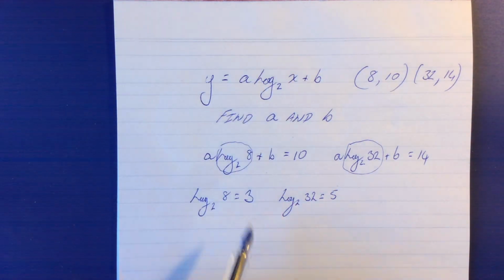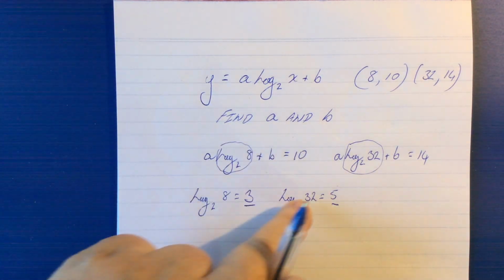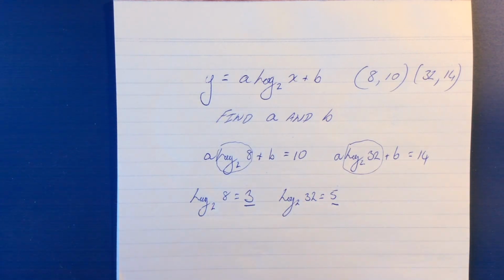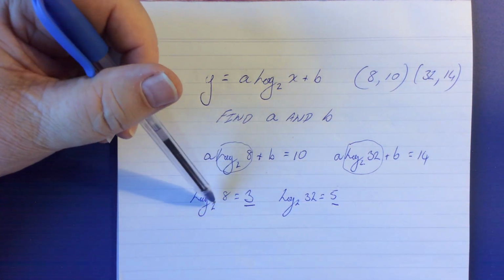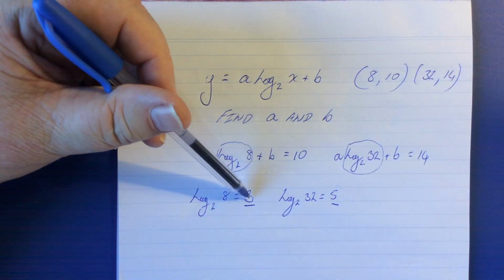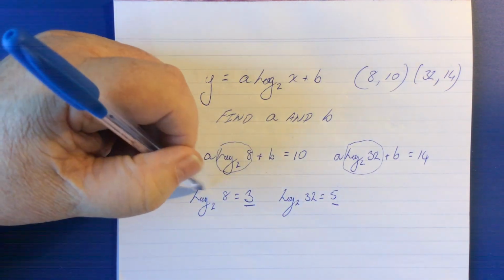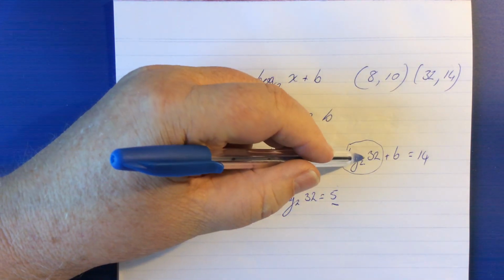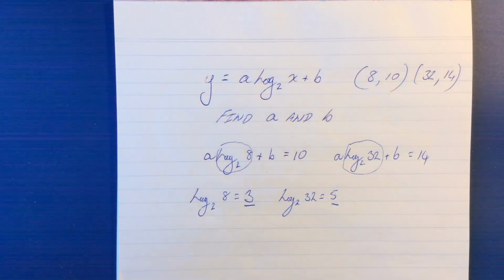If you don't understand why these two expressions are equal to these two numbers, maybe take a step back. But what this says is that if you write this out as an exponential, 2 to the power of 3 equals 8. So this part of this function is equal to 3. And this part of this function is equal to 5, because 2 to the power of 5 is 32.